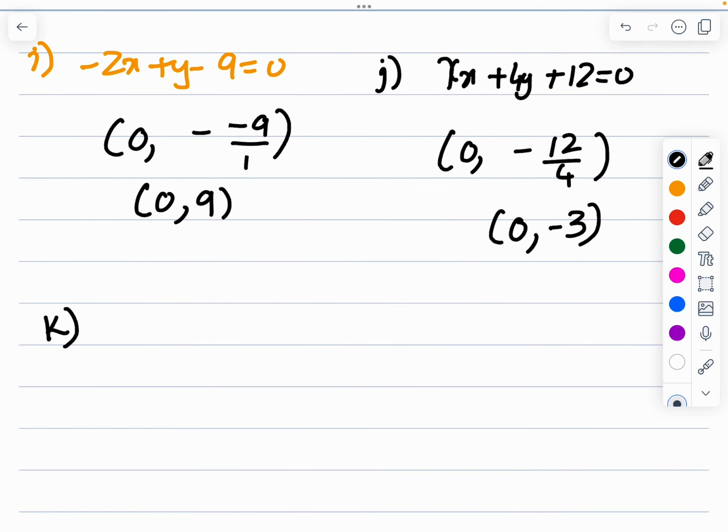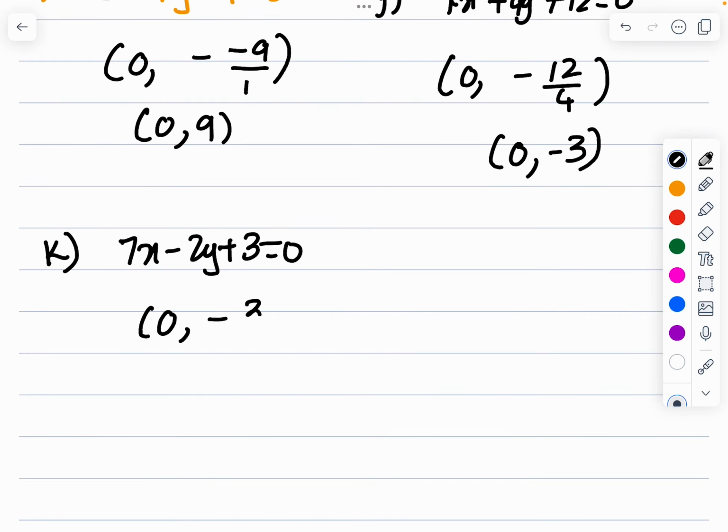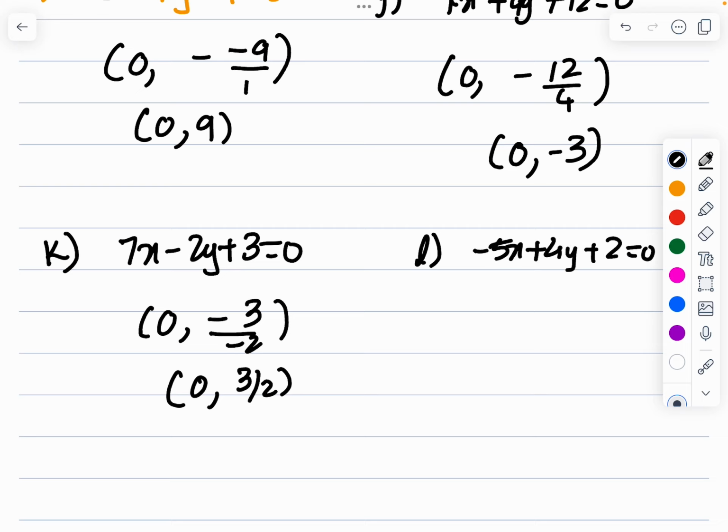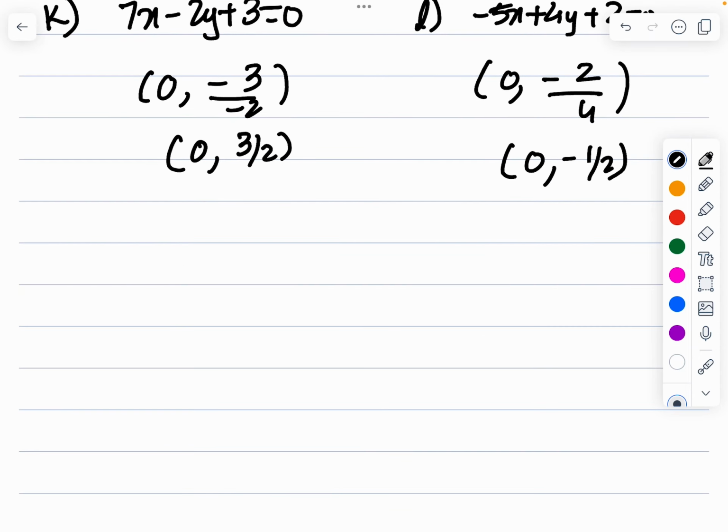Then k, 7x minus 2y plus 3 equals 0. So (0, minus 3 upon minus 2), so (0, 3 upon 2). Then l, minus 5x plus 4y plus 2 equals 0. (0, minus 2 upon 4), minus c upon b. So (0, negative 1 upon 2). This is the way I should find the y-intercept.